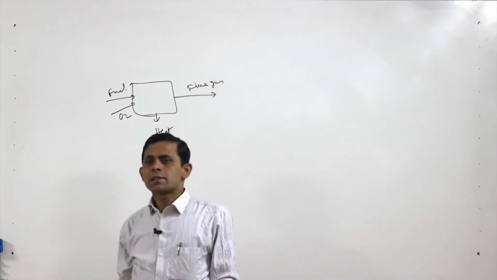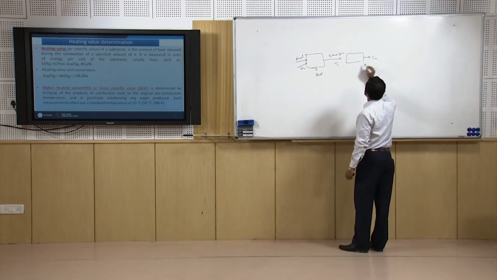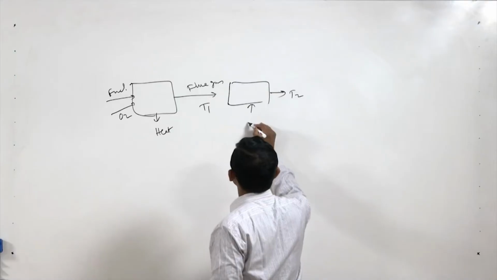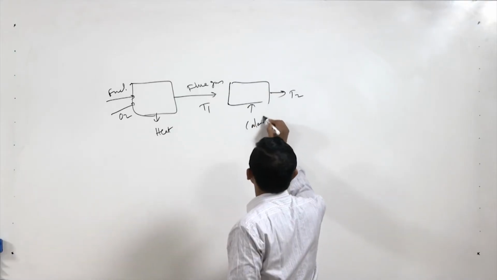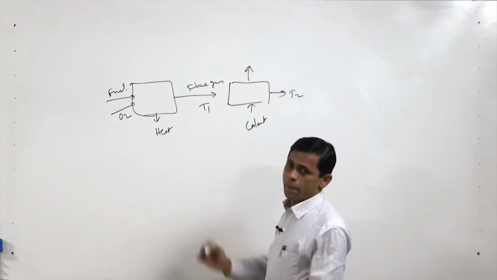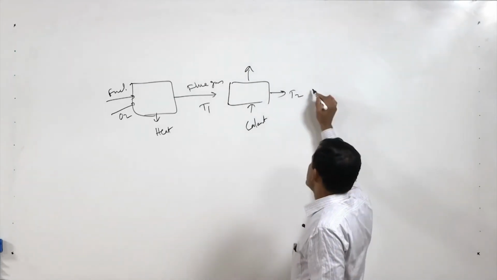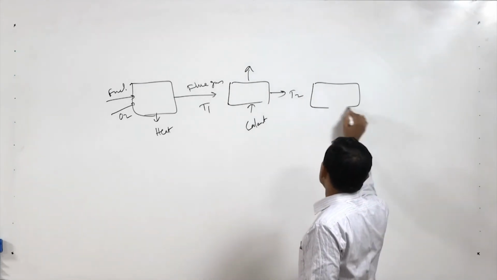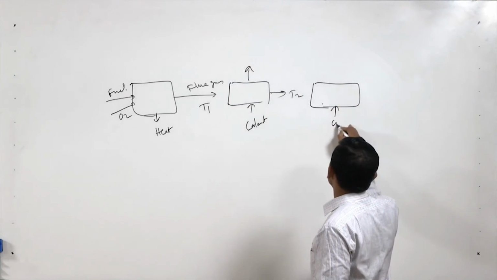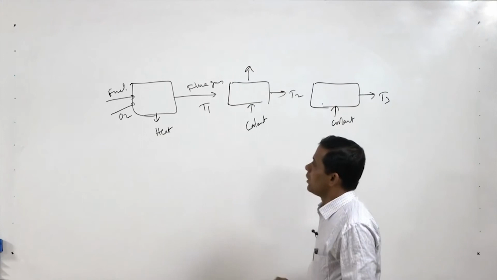So that flue gas temperature we are reducing, say T1 here, so we are getting T2, we are putting some coolant, so its temperature will rise, but this temperature will fall. Second, say another setup we are using, so coolant, and here we are getting T3.